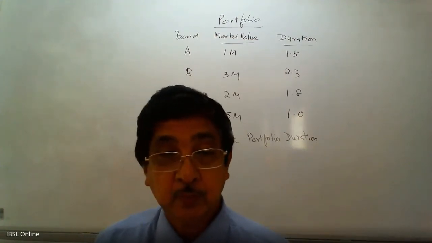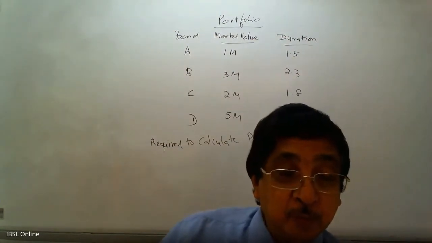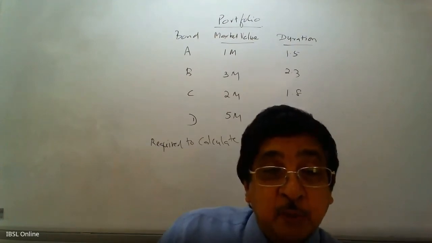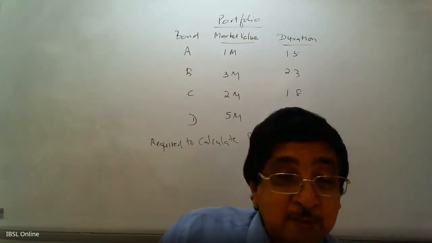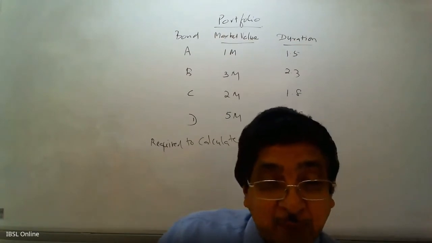Now, this is a simple exercise actually when you say portfolio duration or portfolio convexity. But for that, you need to get the individual bonds' durations and individual bonds' convexities. Otherwise, you can't do that.